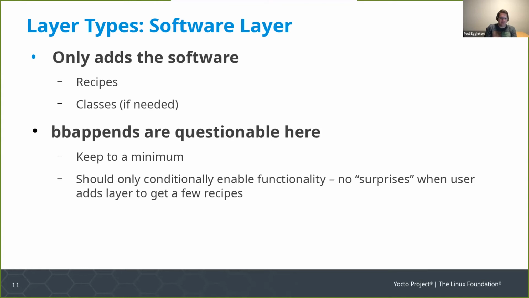BB appends, I'll talk a little bit about these later, but they should probably be kept to a minimum in software layers. If you do have them, they should only conditionally enable functionality. There shouldn't be any surprises when you add this layer in terms of changes to functionality and other recipes.